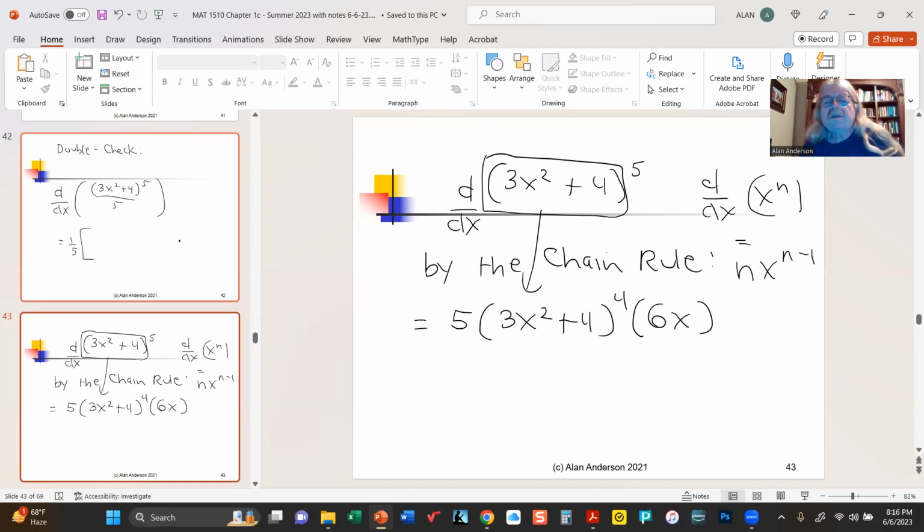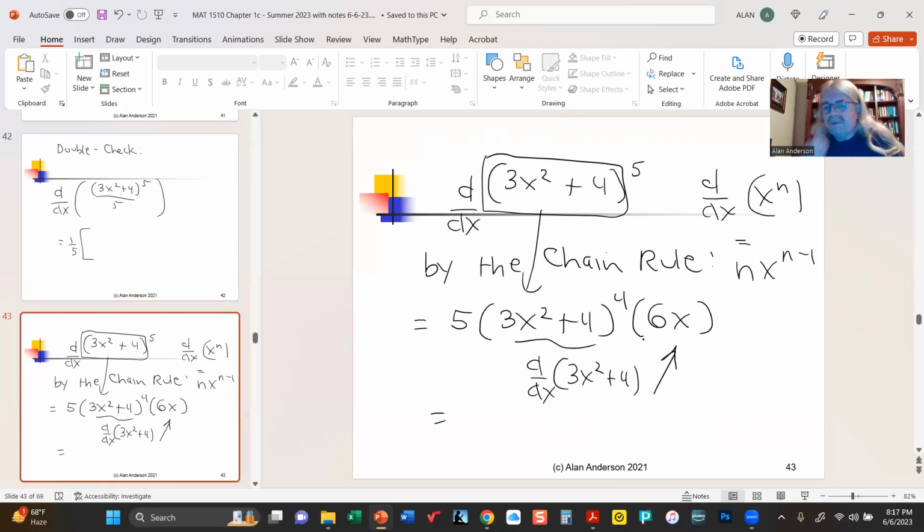But because this expression is a function of x, it's not just x by itself. This is not complete. You need now the derivative of what's inside these parentheses, and that's where the 6x comes from. So that means just this part of the expression is 30x times 3x squared plus 4 to the 4th.